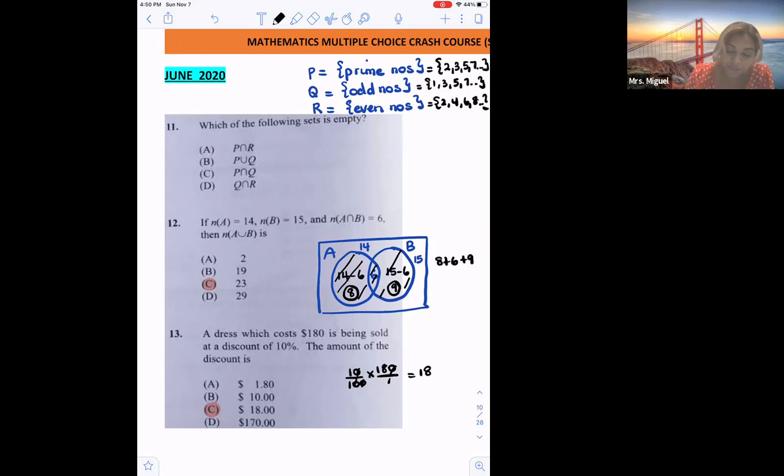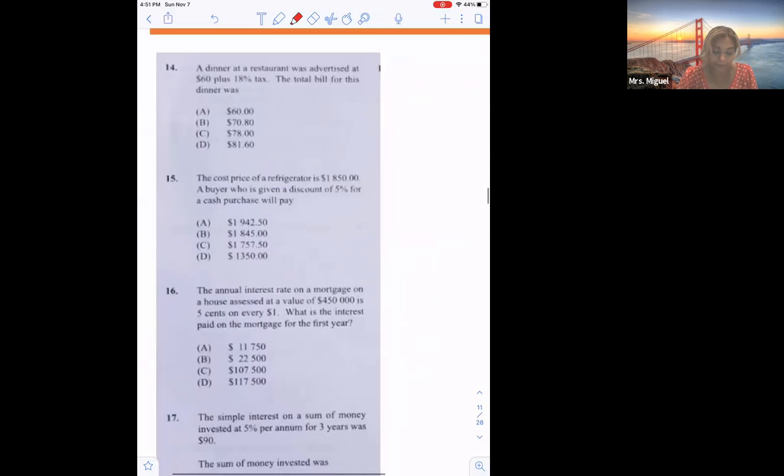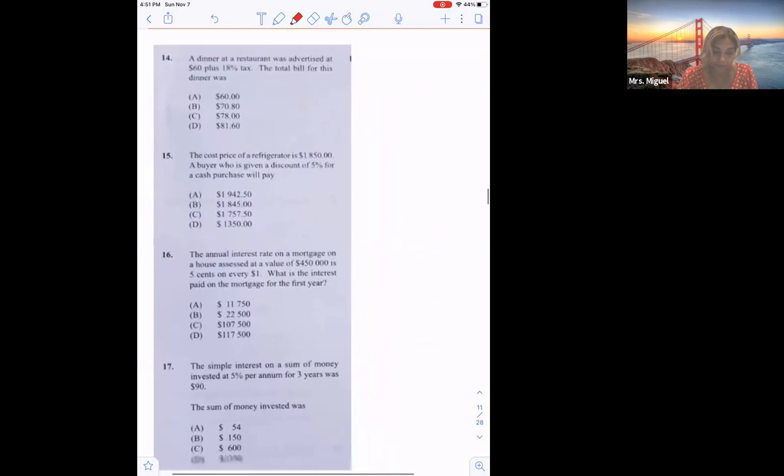From observation, there is nothing common with Q and R. There are no elements that are common to Q and R because there are no elements that are found in set Q that are also found in set R. All right. So let's see. Attempt 14, 15, 16, and 17. Let's go.